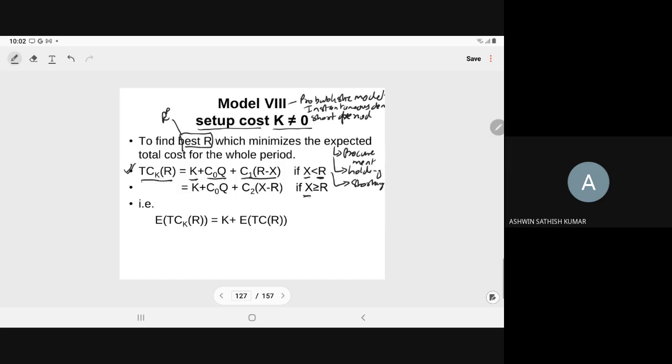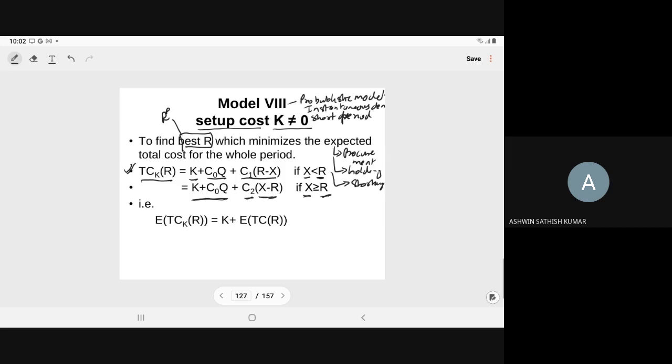If demand is greater than or equal to the available inventory level R, then there is shortage. C2 is the unit shortage cost and the total shortage is x minus R.